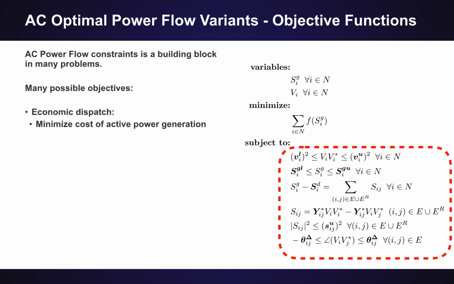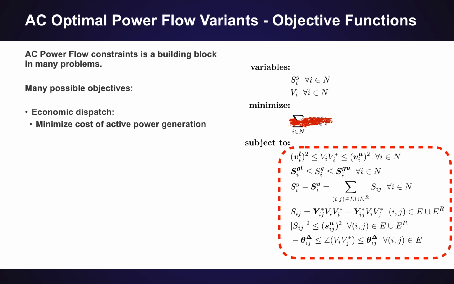So the most common one, at least in academic literature, to try and solve is the economic dispatch. It is also a very practically important problem because we typically want to operate our system in a low-cost fashion, and that is the objective function that we see here. So we are typically trying to minimize the cost of active power generation.